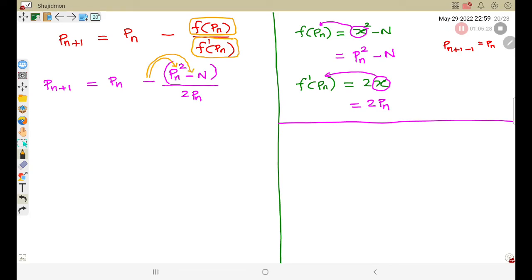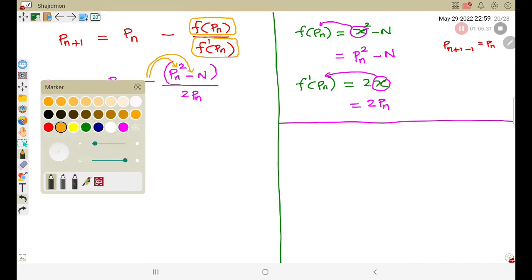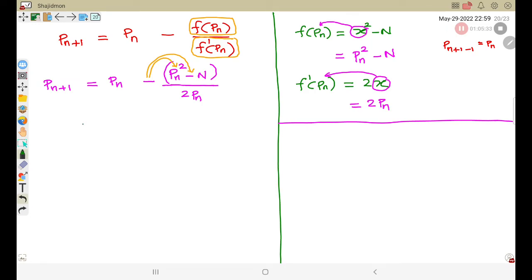At the same time, the down term we need to distribute also, divide also. So how can we write this one? Pn minus Pn square, minus multiply minus n, plus n. Both the terms we need to divide by the down term, so here divide by 2Pn, here also divide by 2Pn, because this down term is common, 2Pn. Same, divide the first term and divide the second term.